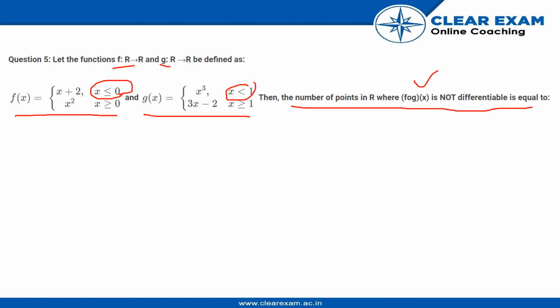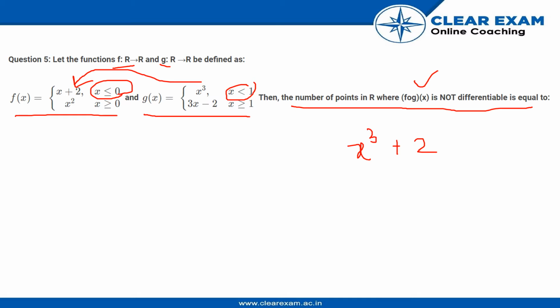Now the domain in f of x is x less than or equal to 0 for the first case, and for g of x it is x less than 1. Now g of x satisfies the domain for x less than or equal to 0. So we put x cube in x plus 2. So we get x cube plus 2 because we are putting the function of g in the function of f.